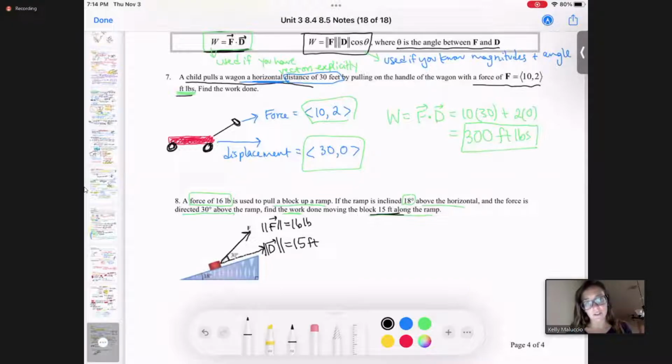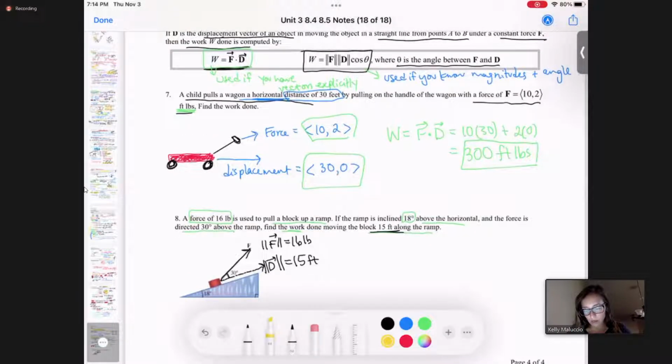Typically I see these two things, so right away I'm thinking of the magnitude equation, which means I need theta between F and D. I need this 30 degrees. This is going to be my theta.